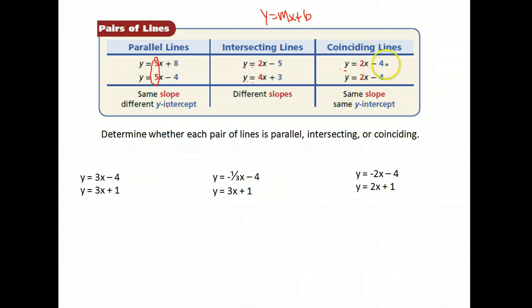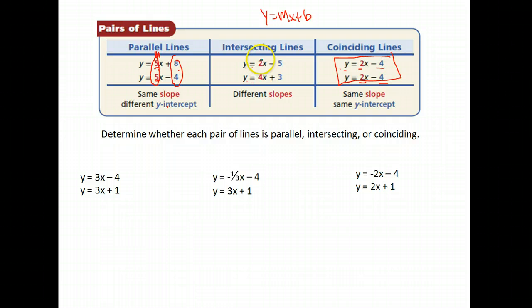So notice here, these are coinciding lines because everything is the same, which makes them exactly the same line. Here we have the same slope because we know our slope in the slope-intercept form is the m right here. But notice this number is different, which makes them different lines. They just have the same slope, so they are parallel.